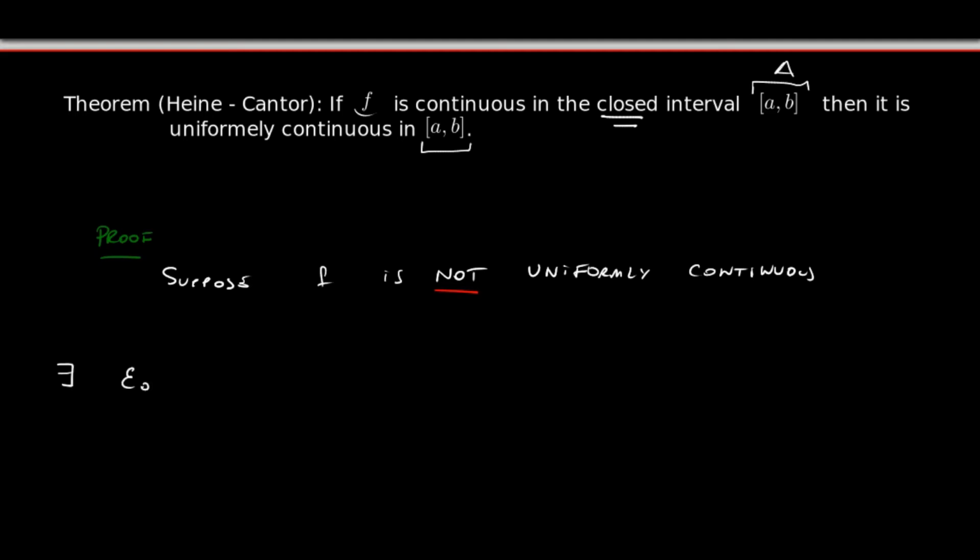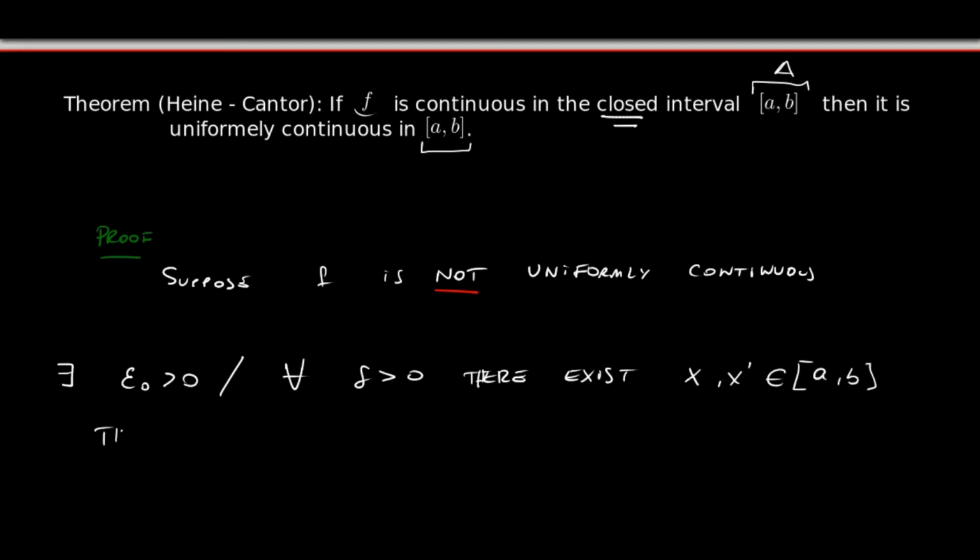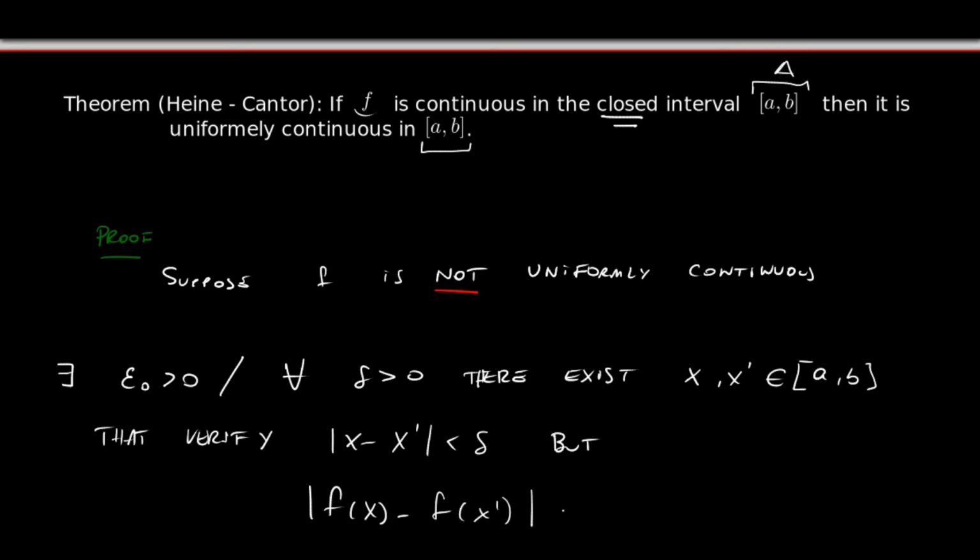There exists, let's call it epsilon 0, a positive number such that for all delta greater than 0, there exist two numbers, x and x prime, in an interval that is, in this case, [a, b] closed, that verify that the absolute value of x minus x prime is smaller than delta, but the absolute value of f of x minus f of x prime is greater than or equal to epsilon 0.